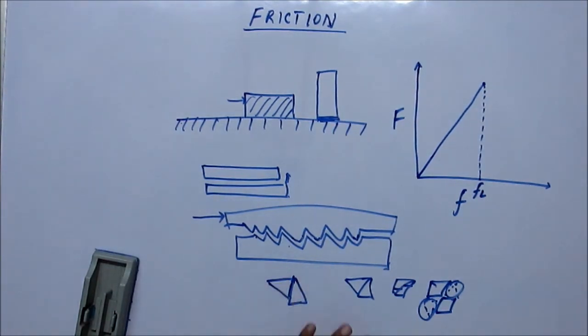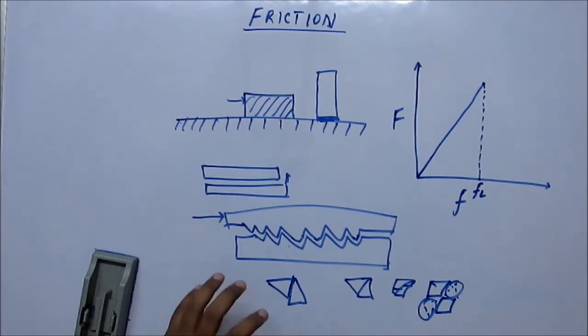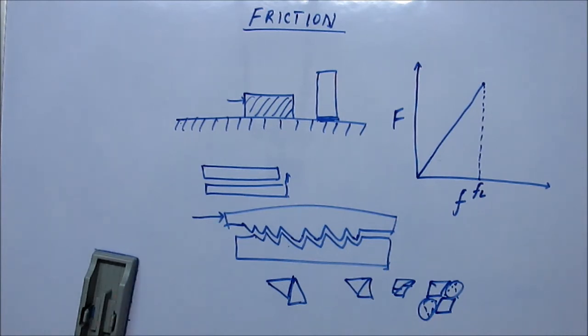This is what goes on at the molecular level on the surface. These interlockings are the reason why the friction force keeps on increasing as the stress keeps building with the increasing external force. It is self-adjusting. You apply a certain amount of force, it will resist it. You apply more force, it will still resist it.